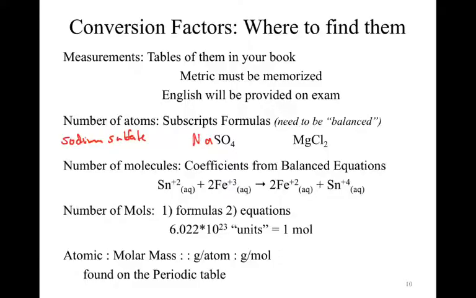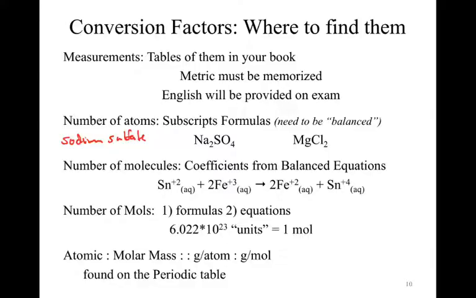When I say the number of atoms, that doesn't make sense. There's one atom of sodium. Well, no, you didn't balance the formula. The formula must be correct. So you have to be good at your nomenclature. If your nomenclature is weak, you're going to start screwing this up too.